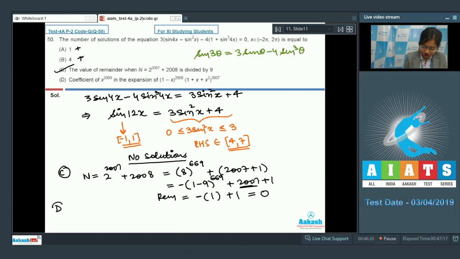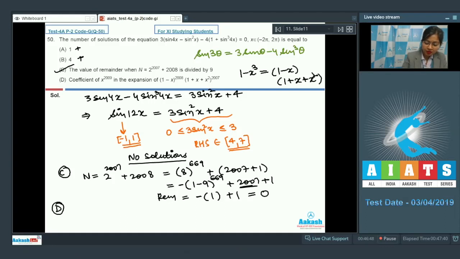Similarly, let's now check option number D, which says the coefficient of x raised to the power 2009 in the expansion of 1 minus x raised to the power 2008 into 1 plus x square raised to the power 2007. Now we know the formula of a cube minus b cube, that is equal to 1 minus x into 1 plus x square.